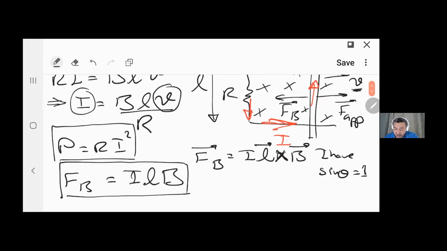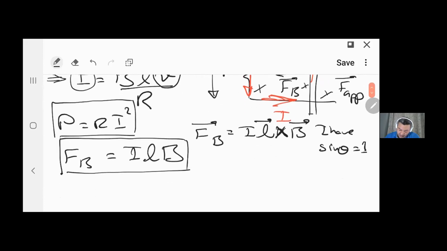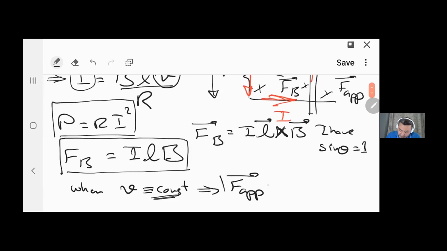So at a steady state, when my velocity or speed becomes constant, I have F_app equals F_B in magnitude. So when the V is constant, I have F_app equals F_B in magnitude.